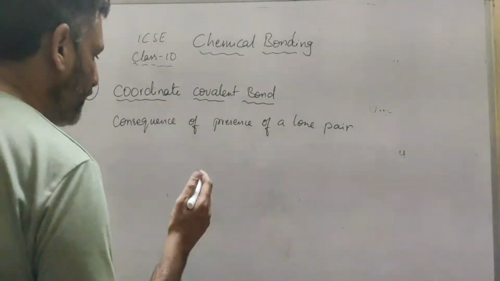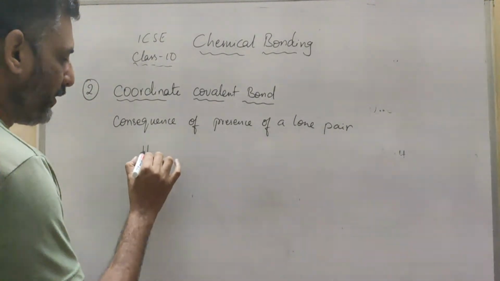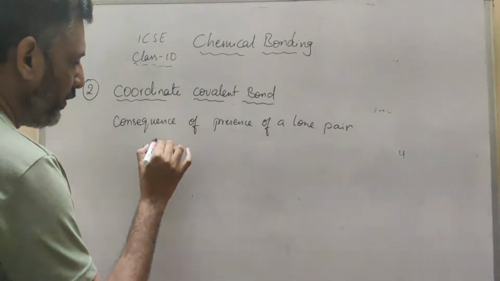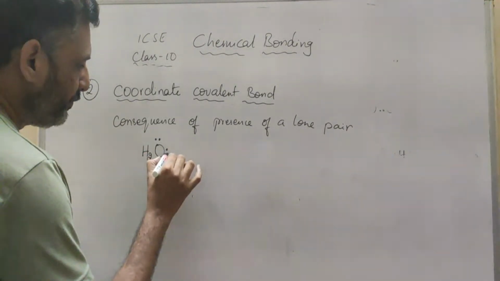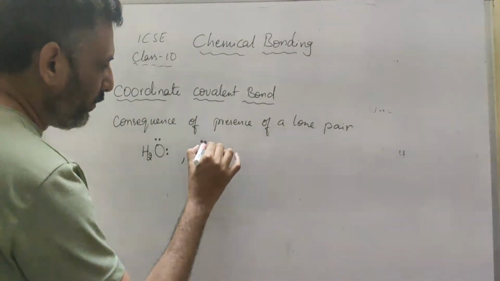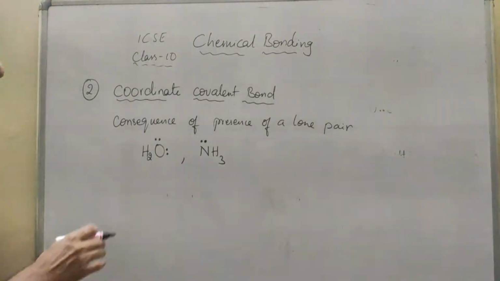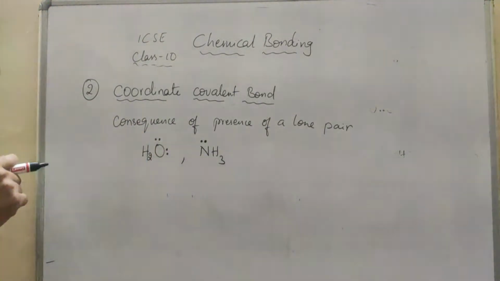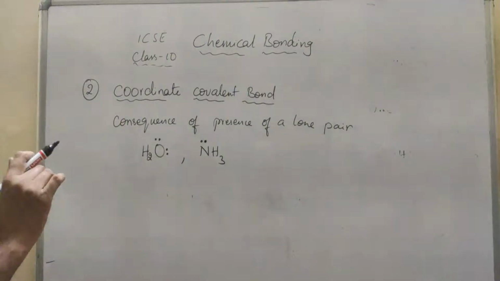We have already discussed 2 molecules: the water molecule with 2 lone pairs and the ammonia molecule with 1 lone pair. These molecules can participate in the coordinate covalent bond.